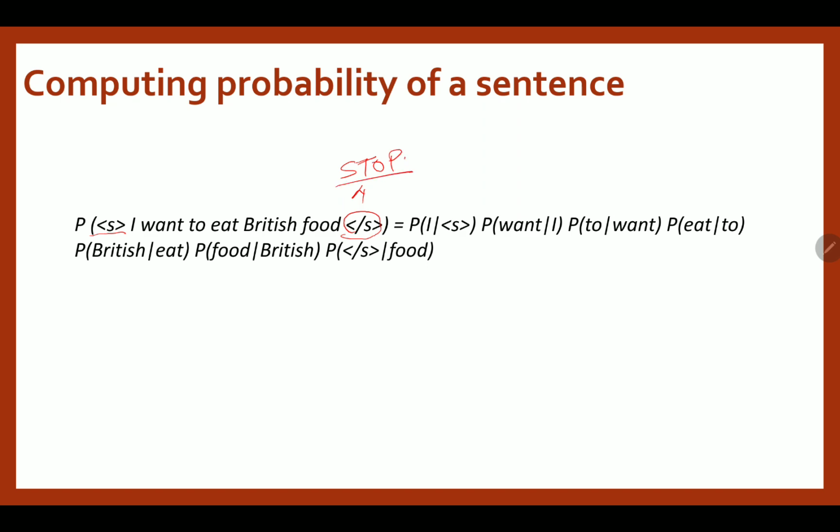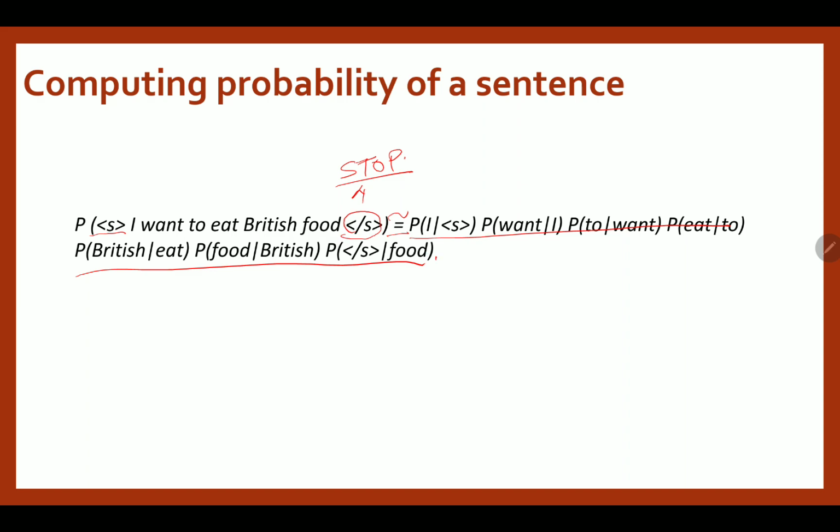This probability is written as, of course, an approximation, under the bigram estimation, or you can say the first order Markov assumption. This probability is approximated using this right hand side.